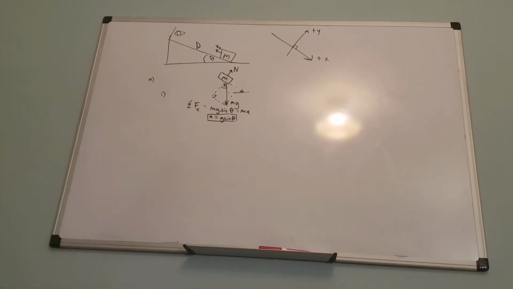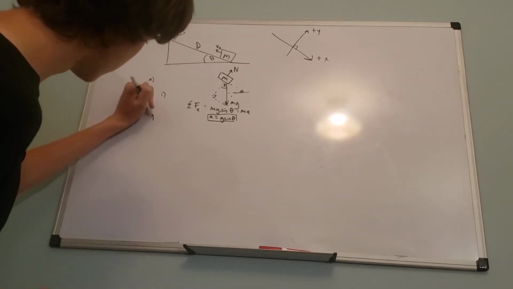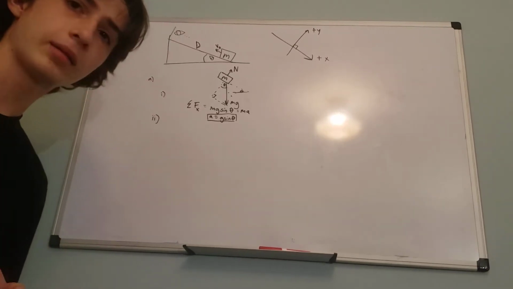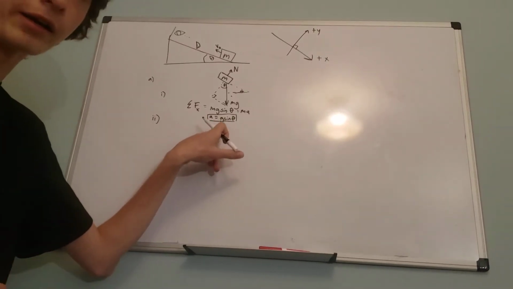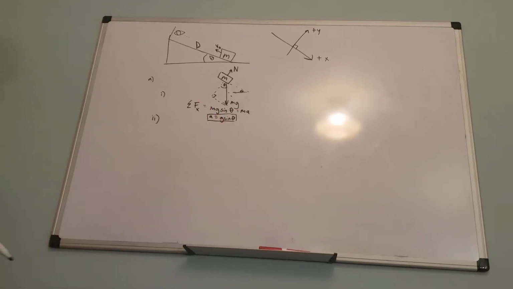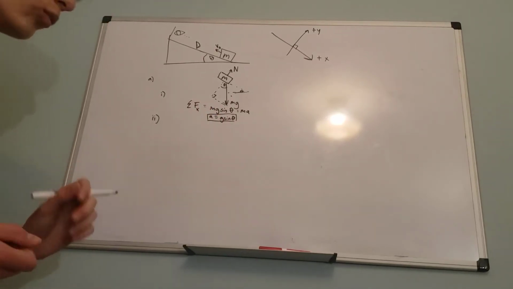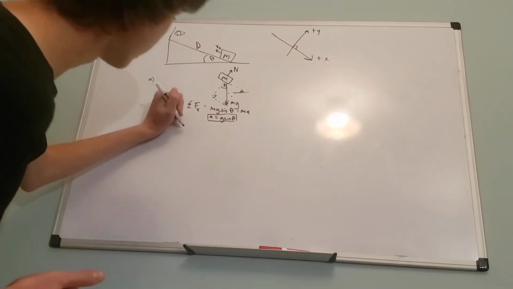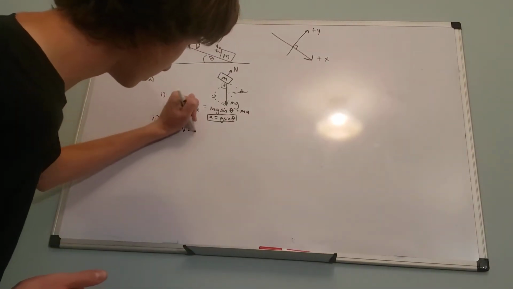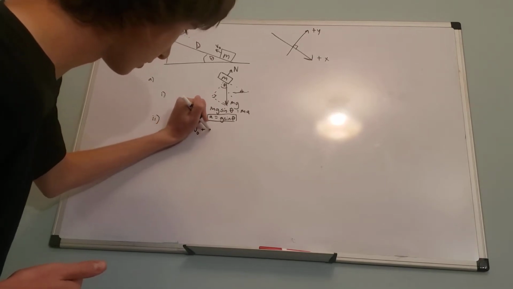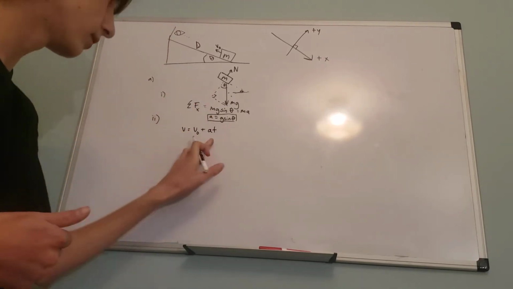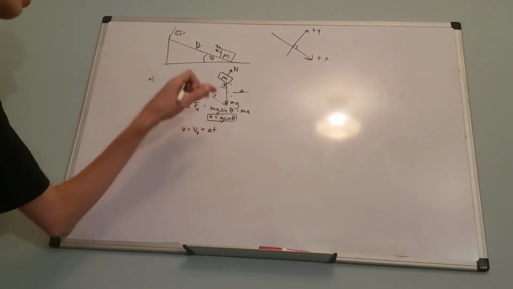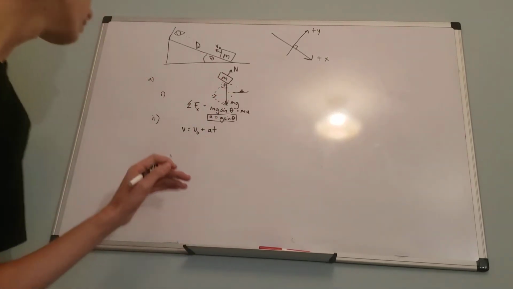Next we are finding the velocity. In this step I'm going to use kinematics equations, but I'm also going to rely on the acceleration that I found last time. One of our kinematics equations states that the velocity at a given point is equal to the initial velocity plus the acceleration times the given time, assuming the acceleration is constant, which in this case it is, as forces here are not changing.